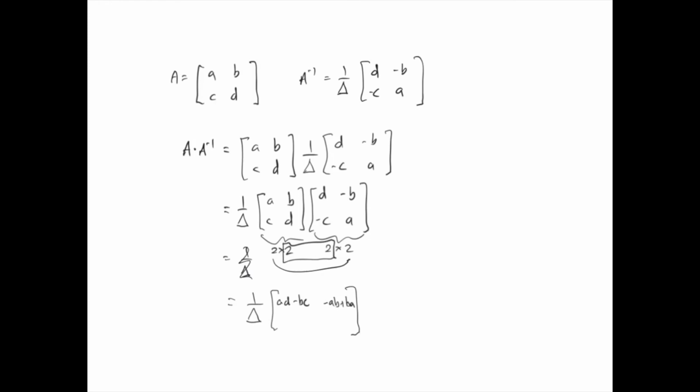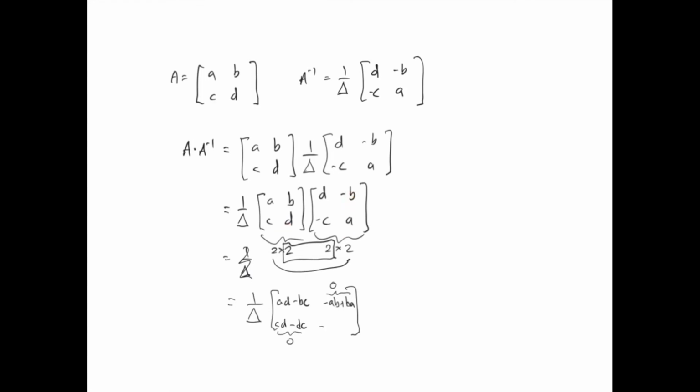Similarly, in the row 2, column 1 position, I take row 2 and column 1 here, take their dot product, so that's CD minus DC. That's going to turn into 0, just like this one here is 0. And then finally, in the row 2, column 2 spot, I take row 2, column 2, dot them.